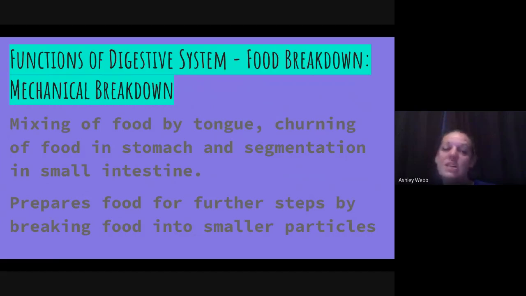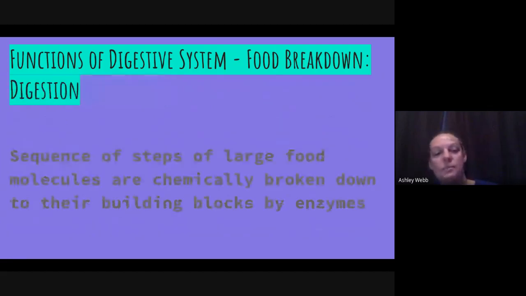Each step of mechanical breakdown is just preparing food for a further step, breaking it down into smaller pieces until it can be digested along the way. Then, of course, we have digestion, which is that sequence of steps from the food molecules being large to being chemically broken down into their very building blocks using enzymes.